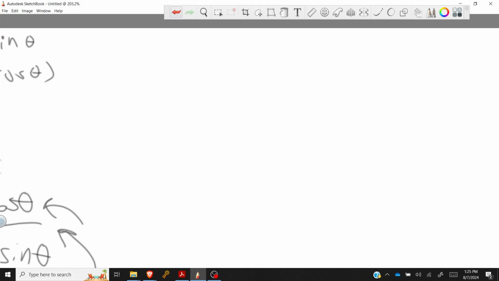So let's rewrite it with those substitutions. The first one, I'm going to demonstrate both equations. So for the first one, we'll use that cosine squared theta minus sine squared theta in substitution of our cosine 2 theta.